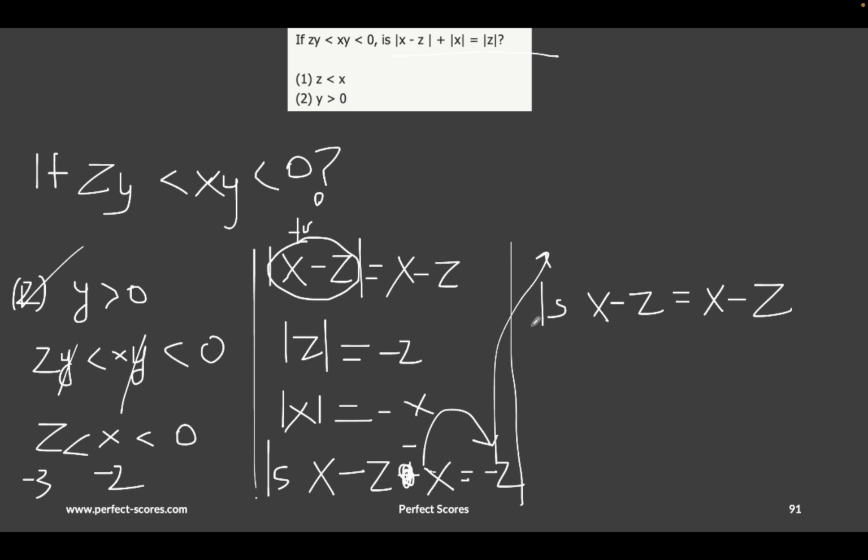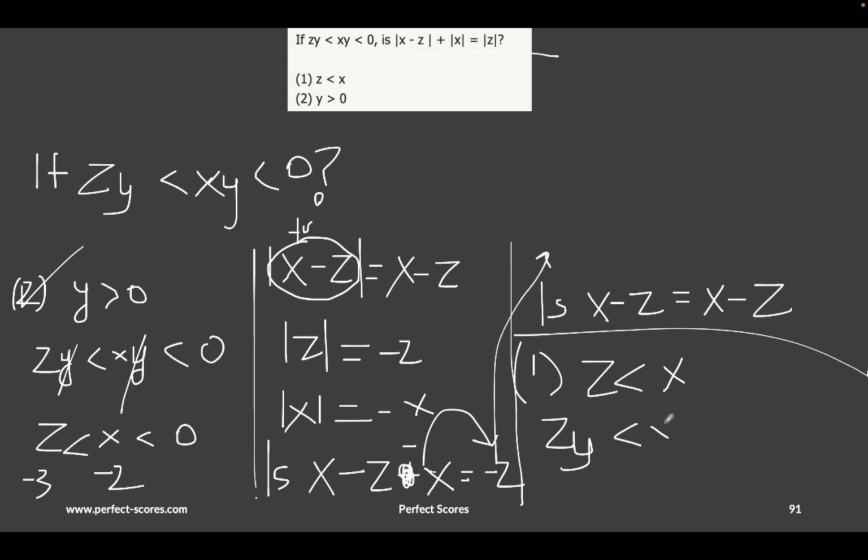Now let's move on to the first statement. What does the first statement say? The first statement says that z is less than x. Now let's go back to this particular statement here, zy is less than xy, which is less than 0.